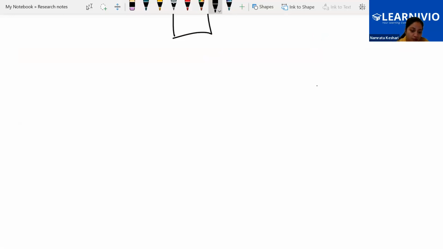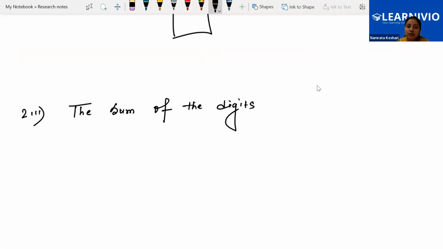Okay, so this question is also very important. The sum of the digits, and this type of question you will see in the previous year question paper also. You will get this type of question: the sum of digits of a two digit number is 9.